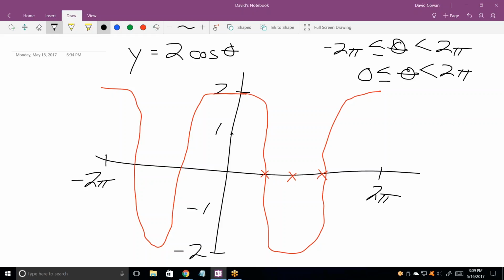So 2 pi is never an answer, but 0 is sometimes. I was curious whether they use the same notation. It doesn't really matter. The only difference is that it's an open dot there and a closed dot there.